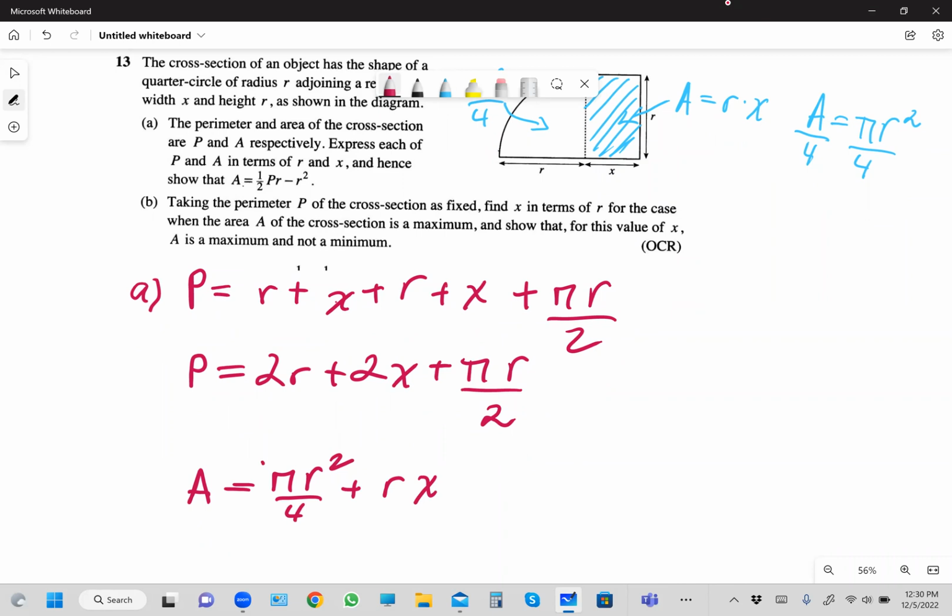But is that the answer we want? No, they want it to look like this. So guess what you're going to have to do?